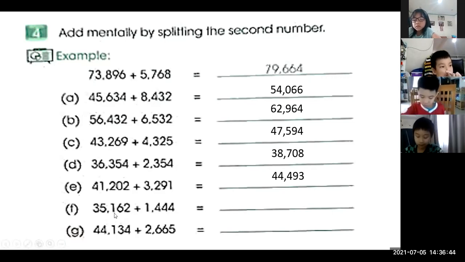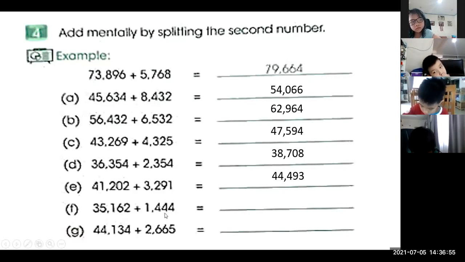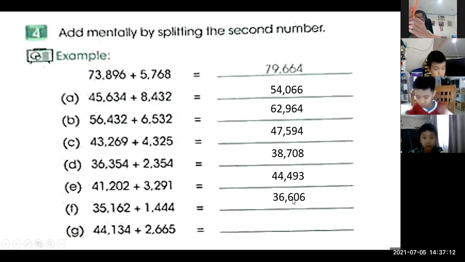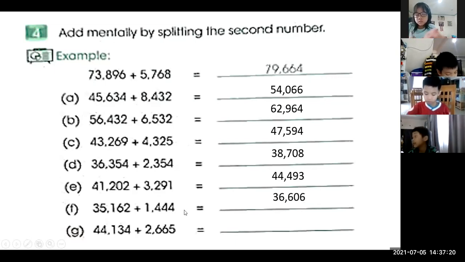Are you sure? 36,000 and 600 and 6, because 6 hundreds plus 4 hundreds is equal to 1,000. So we write 100 in the hundreds place, then 0 in the tens place. So we have here 606. So 36,606.